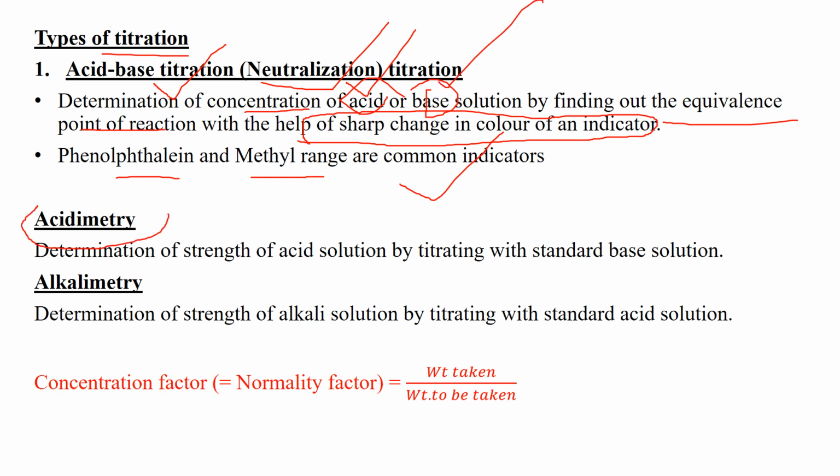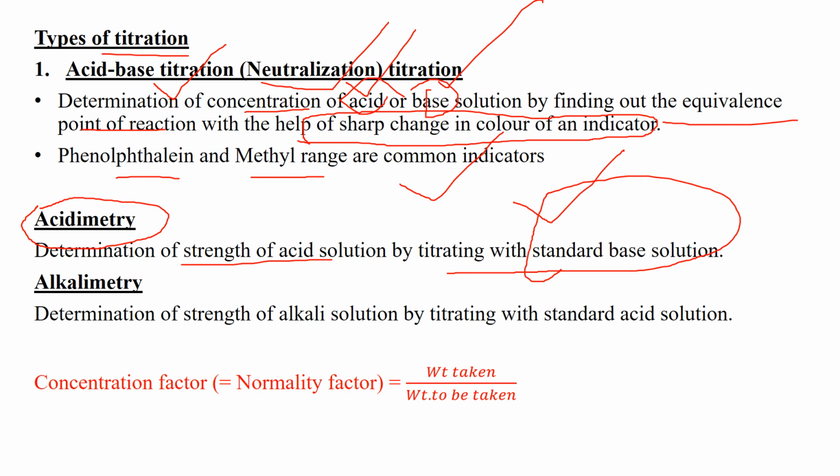Acidimetry. In acidimetry, the strength of an acid solution is determined by titrating it with a standard base solution. In acidimetry, the standard solution is the base, and we have to calculate the strength of the unknown acid solution.